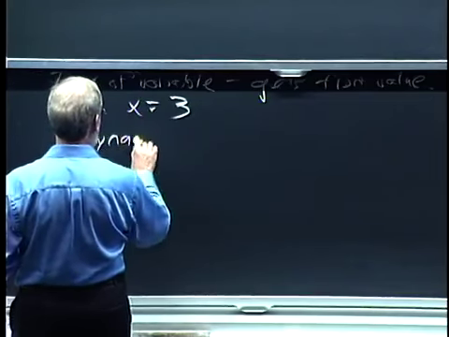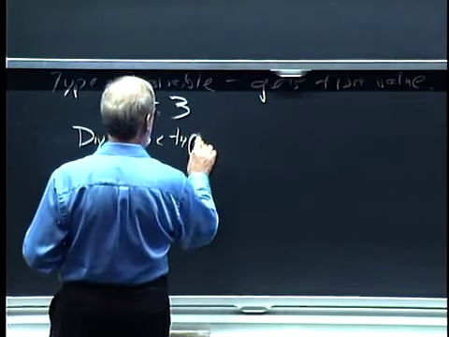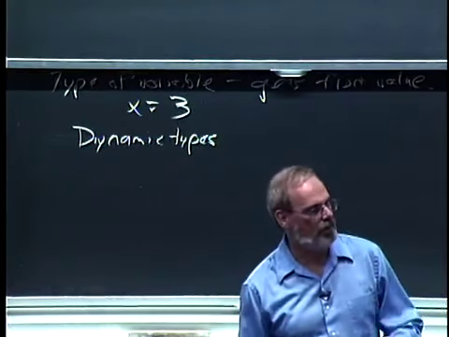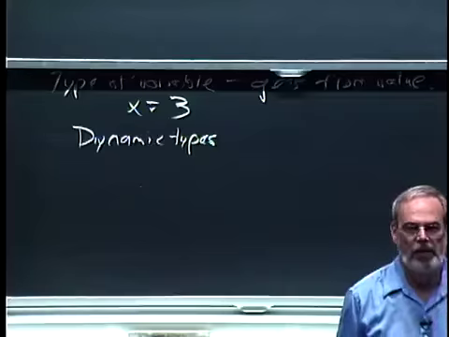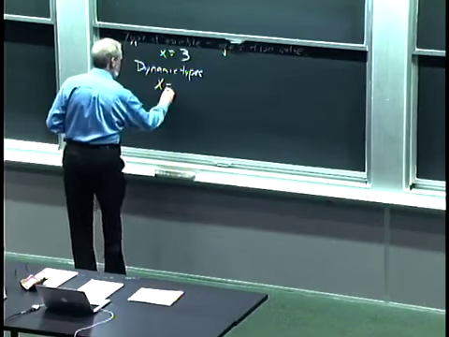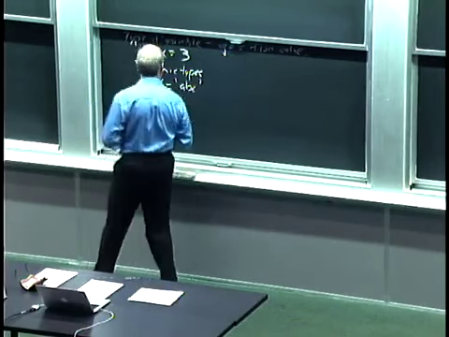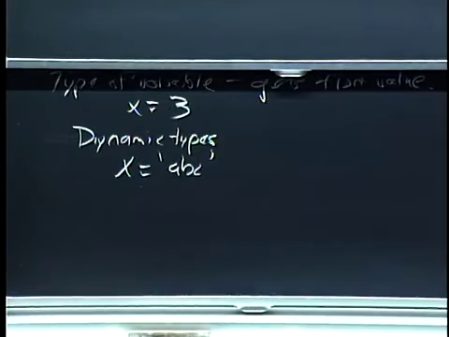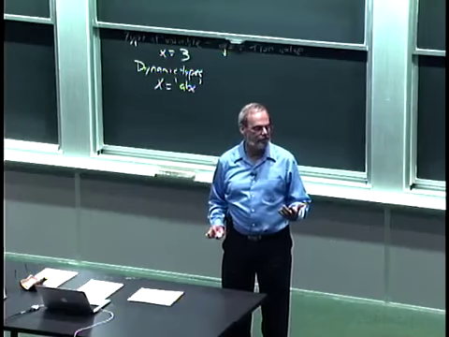Or the type, rather, is dynamic. Meaning, it changes depending on what the current value is. Or said a different way, if somewhere later on in the program I do this, x now has changed its type from int to string.